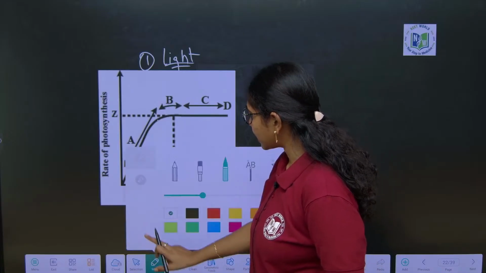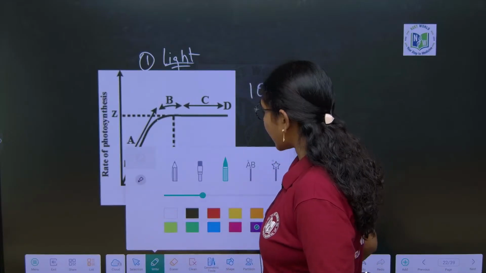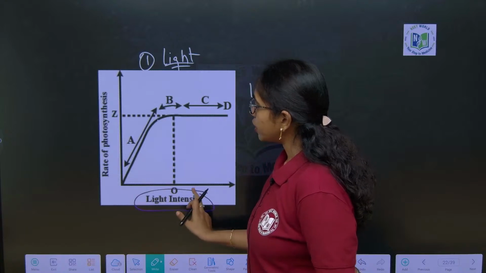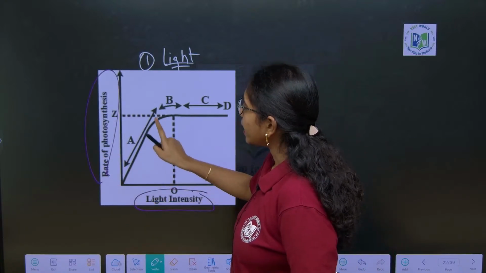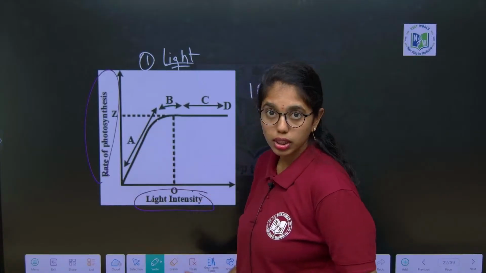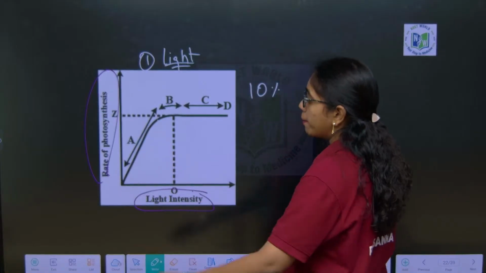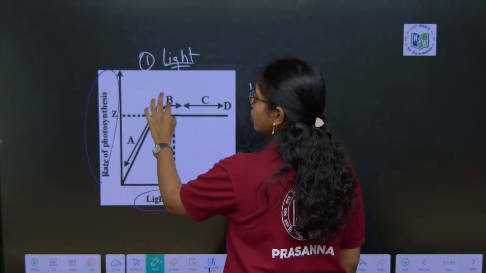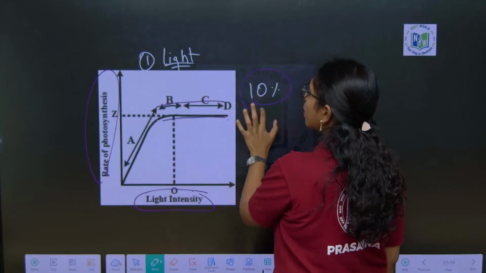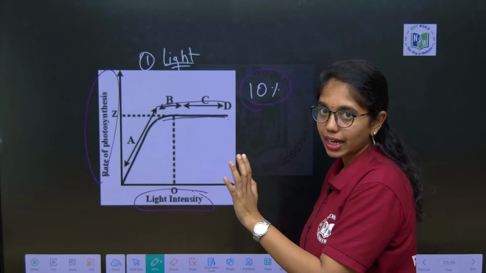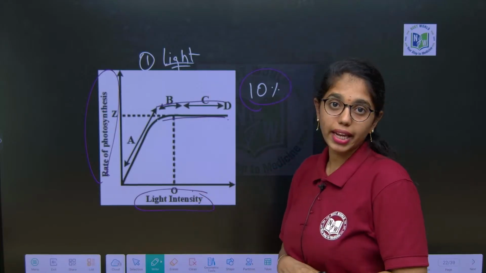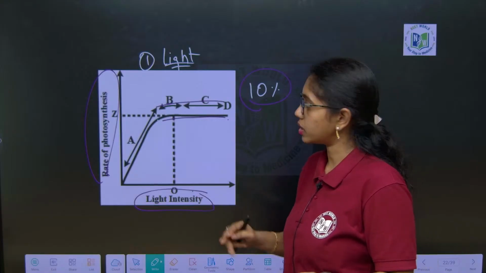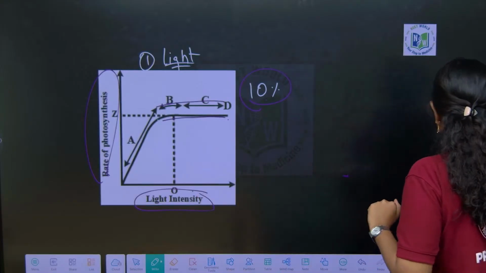Here on the x-axis you can see light intensity, on the y-axis the rate of photosynthesis. It reaches the saturation point at 10% of the total sunlight. After that, even if you increase the light intensity, there will not be any increase in the rate of photosynthesis. That's it, this you have to remember.